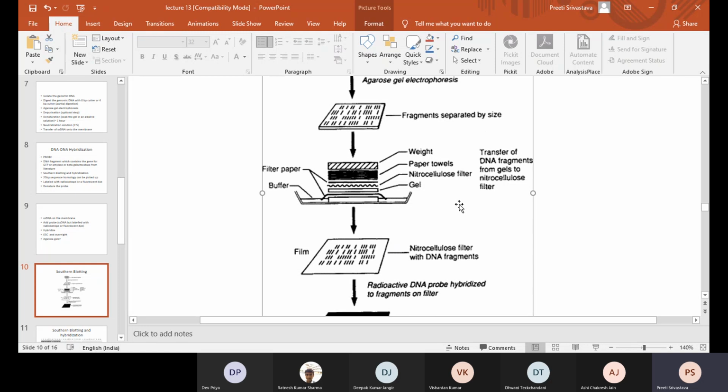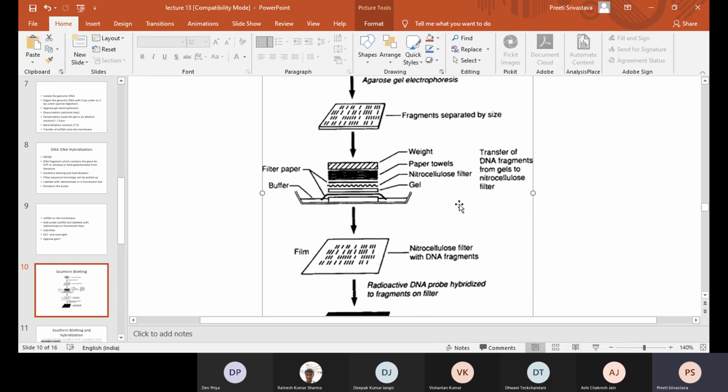You just have the gel, the nitrocellulose or nylon membrane and a few paper towels, and you put it in a transfer buffer containing chamber, turn the current on, and at around 200 milliamperes for about 1 hour you will find that the transfer is done.